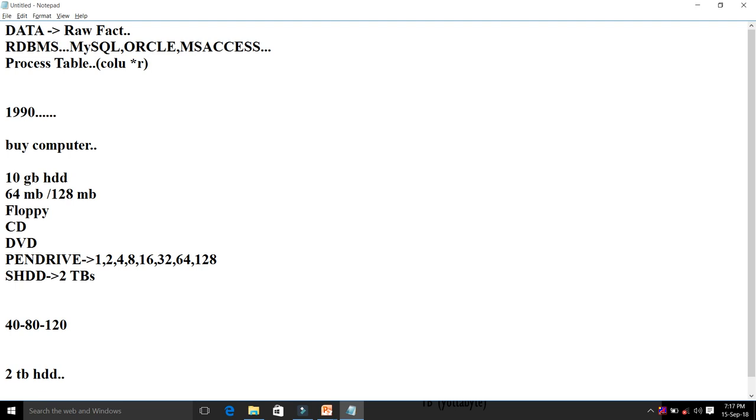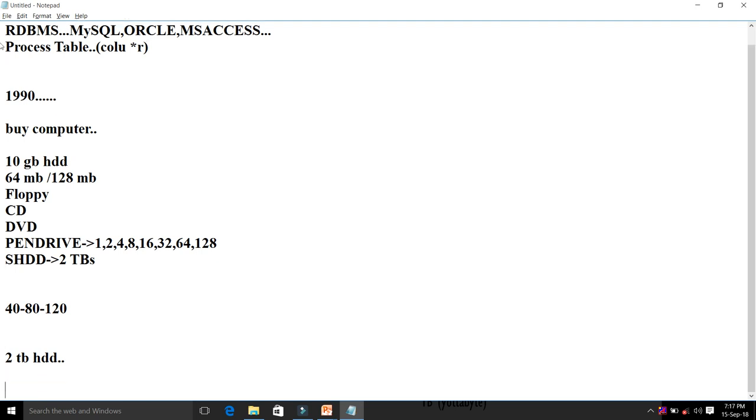But as we know, in our computers the maximum space is taken by images and videos, right? And our images and videos keep increasing. So we do not have any fixed size of data, and data does not increase in any fixed pattern.